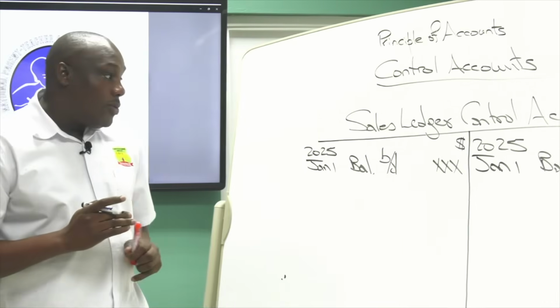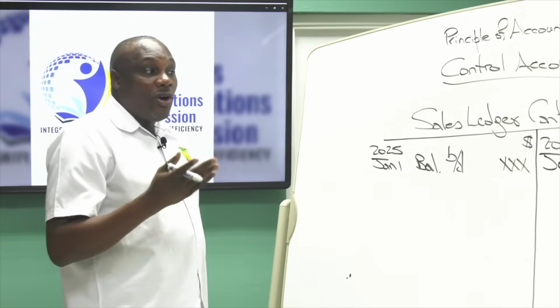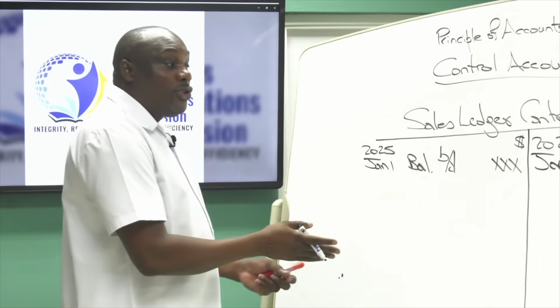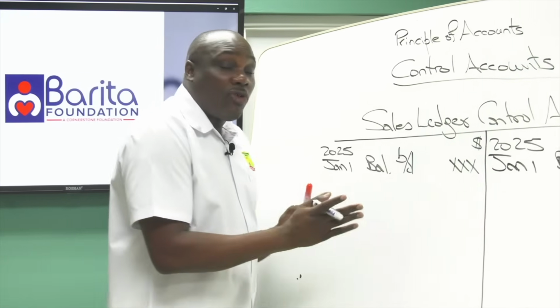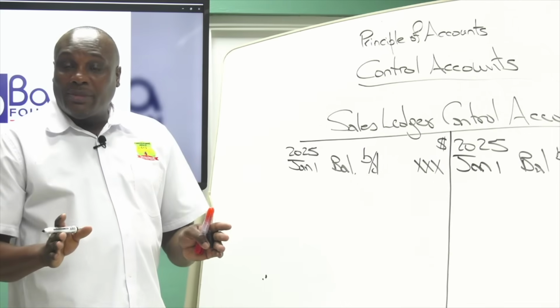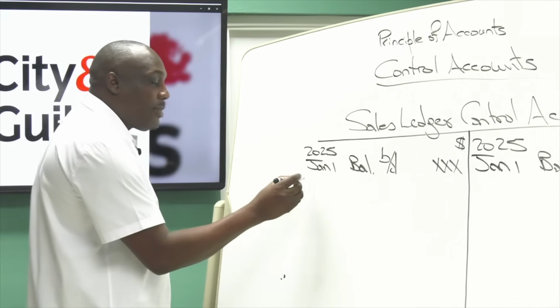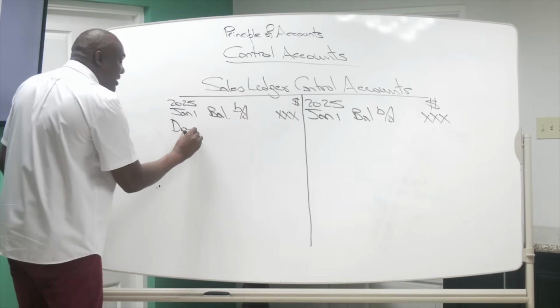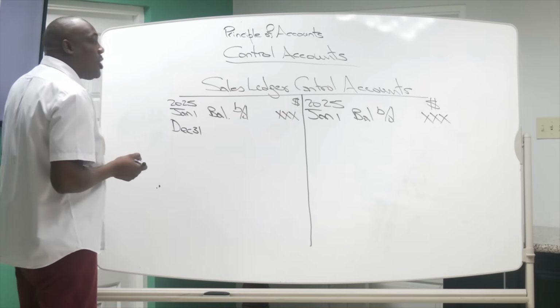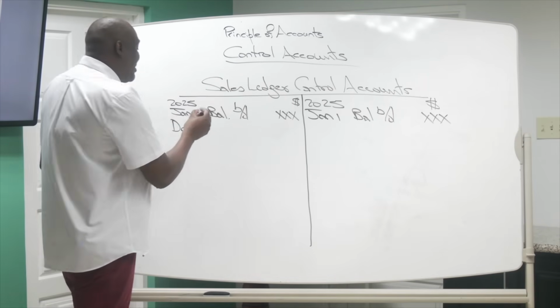Let me go now. Again, as I said earlier, the items that you will see, whether debit or credit, are all items that would affect the debtors. So December 31st, at the end of the period, now we talk about sales.